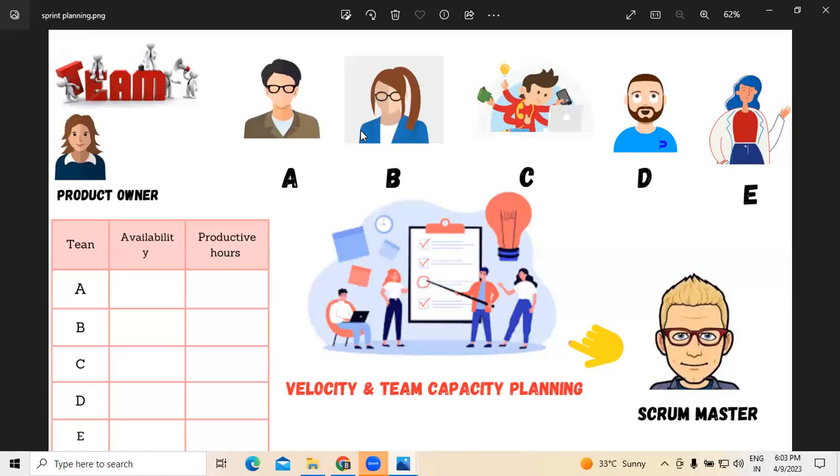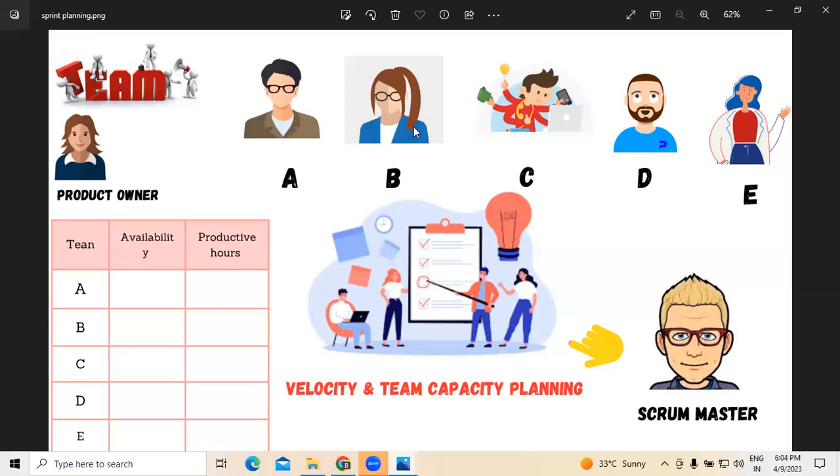Now, here is my question to you. What is meant by capacity planning? What is your observation about capacity planning? Archita, what is your observation about capacity planning? So, is it about how much work can be done and how many man hours it's going to take, like a planning purpose?